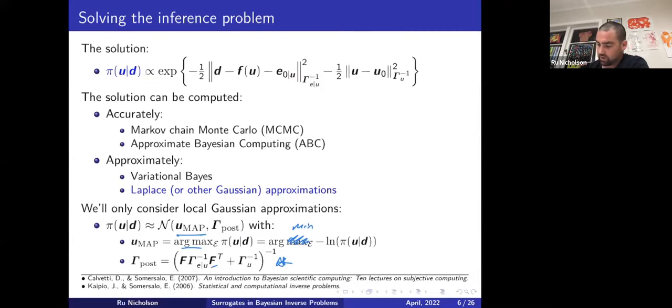So that means we have two tasks. One is to solve the optimization problem to calculate the MAP estimate, and the second is to approximately quantify the uncertainty, which is based on a local approximation, which we see by seeing that the posterior has the Jacobian in there, which is essentially taking a linear approximation to the forward map.